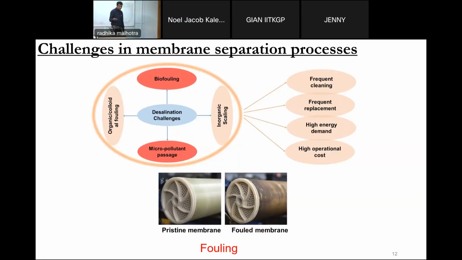So once it gets fouled, what will happen? We talked about many pores, right? They can be blocked. Once blocked, the water permeance can drop. Let's say, for example, you are getting 10 liters per hour per square meter, 10 LMH, from your membrane. Once it gets fouled, in the first day it will drop by 50 percent, so 10 liters will become 5 liters.